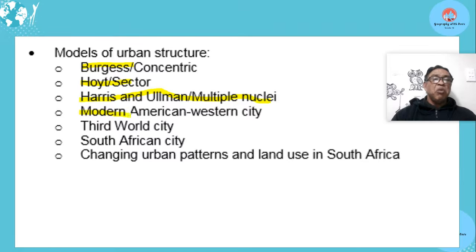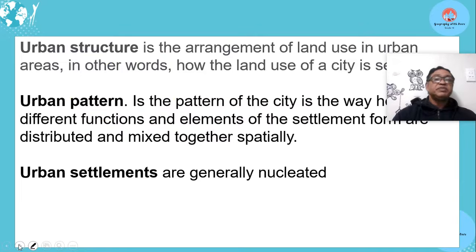We're going to look at a modern American Western city, a third world city, a South African city, and we're generally going to look at the changing urban patterns and land use in South Africa. That's our focus for our lesson. So let's get going.